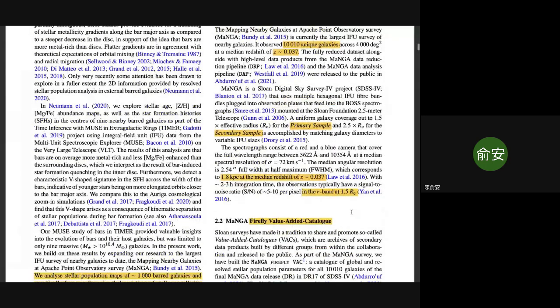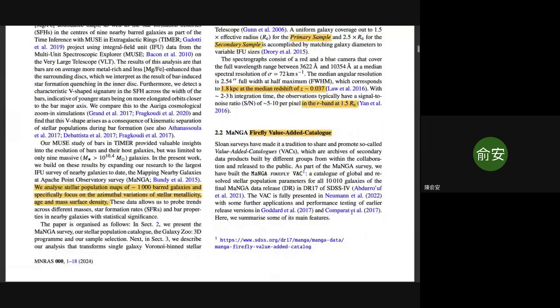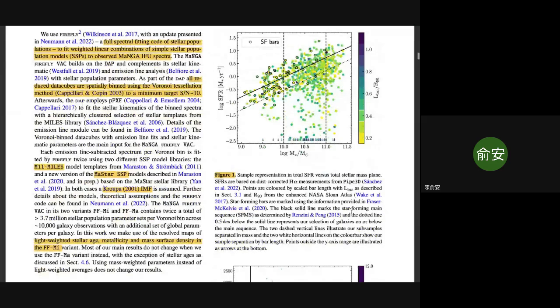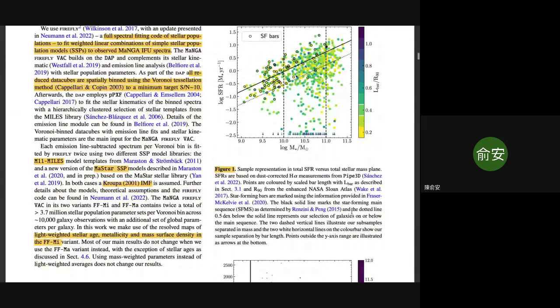To identify the bar, they take two main models. One is for fitting the stellar populations of all the galaxies, using the MaNGA survey's pipeline, the so-called MILES and then the INF models, to fit all the stellar populations within the galaxy.